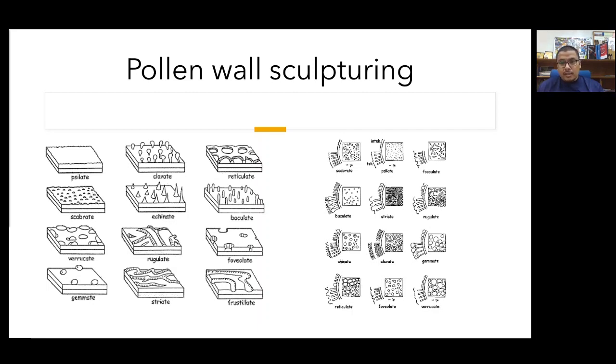The inner structure of the exine can be either tectate or intectate. The sculpturing of the pollen grain is the ornamentation of the exine surface, which can be psilate, foveolate, areolate, gemmate, clavate, verrucate, baculate, echinate, rugulate, striate, or reticulate. So these are all the structures that you can see. This is in 3D and this is in 2D.